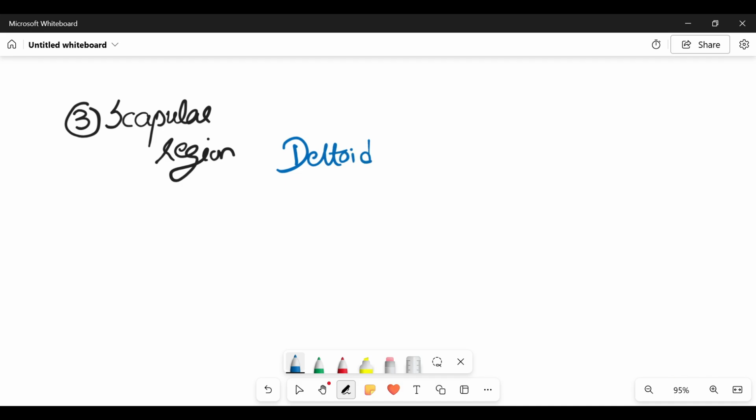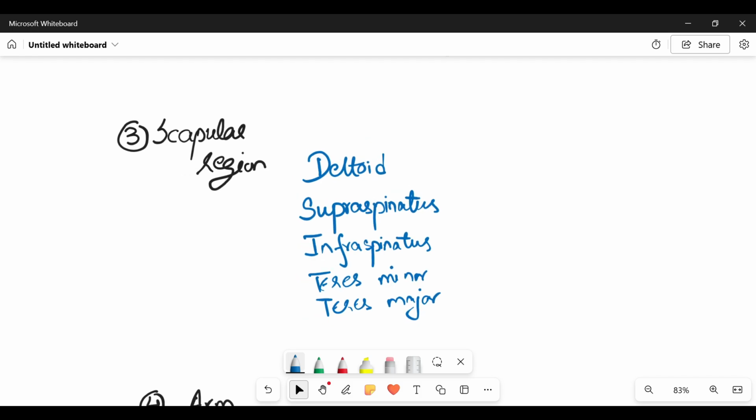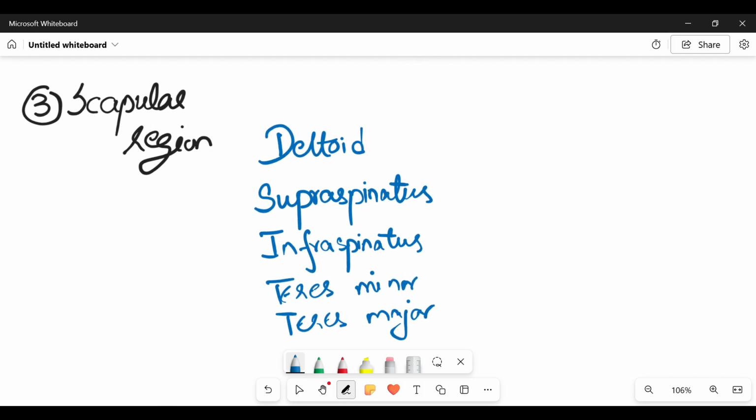Then we have the rotator cuff muscles, which are the supraspinatus, infraspinatus muscle, teres minor muscle, teres major, and we also have the subscapularis muscle.